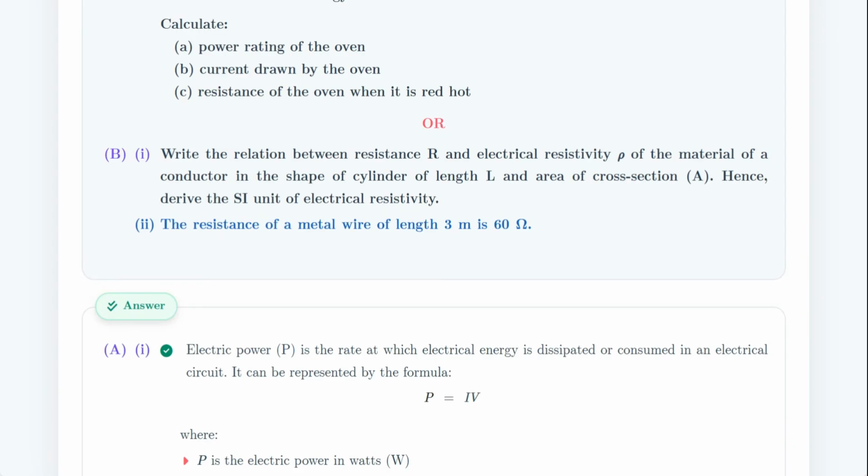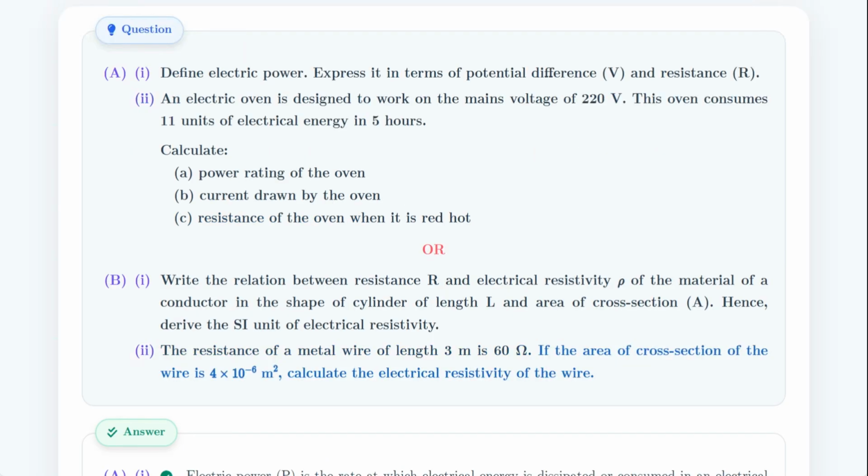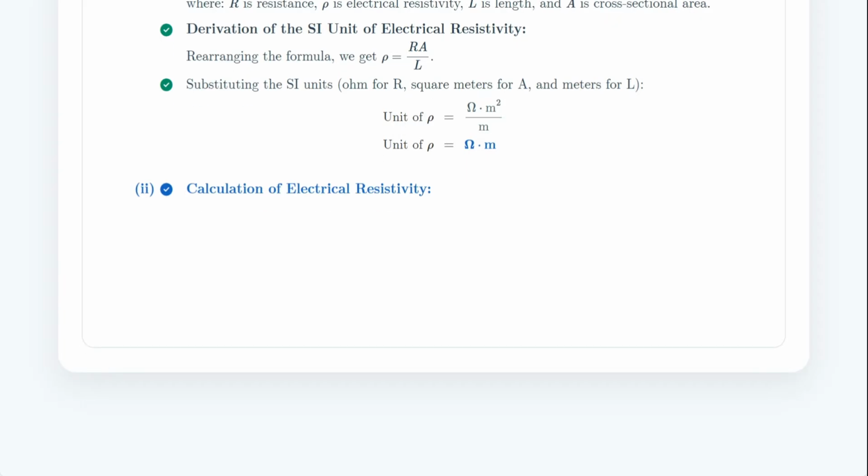Let's put this formula to the test with sub-question 2. We have a metal wire 3 meters long with a resistance of 60 ohms. If the area of cross-section is a tiny 4 times 10 to the minus 6 square meters, calculate its resistivity. Let's calculate. Always list your given values first to avoid mistakes.